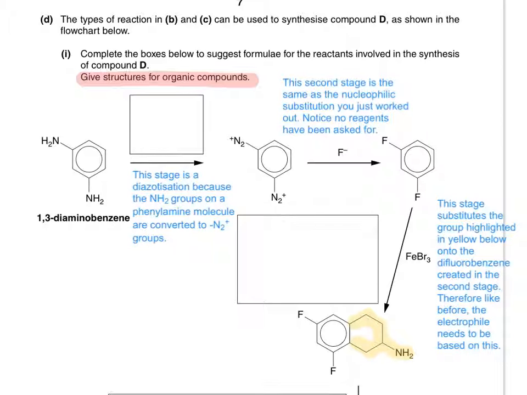But that also means there could be an inorganic reagent, which is where we're at right now, because the inorganic reagent that we need to diazotize a phenylamine is nitrous acid. So it makes sense to follow on by saying that you could also put in the sodium nitrite and HCl.